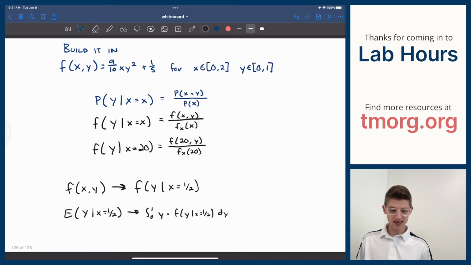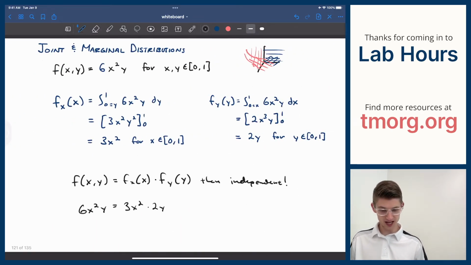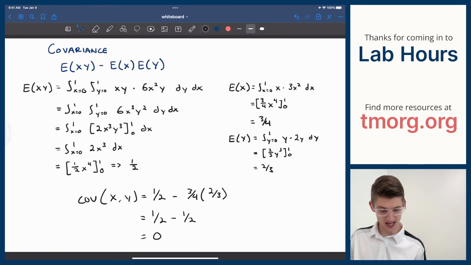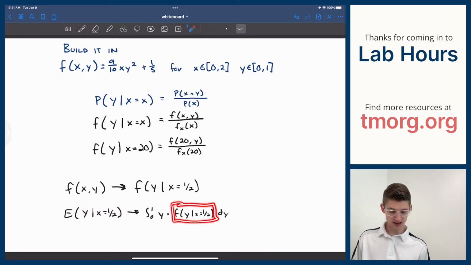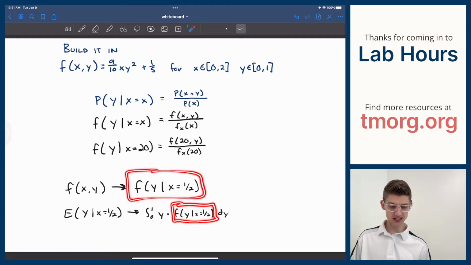This is the exact same process that we learned previously for expected value, over the bounds of the thing times the probability of the thing. This one is just asking for a very specific type of thing in a specific probability world where x is equal to 1/2.